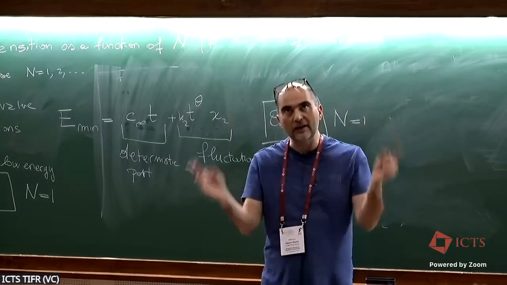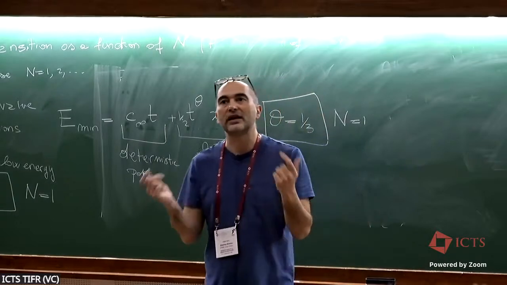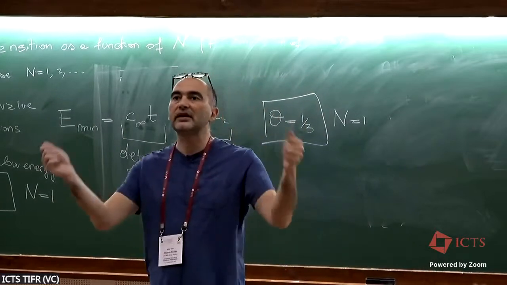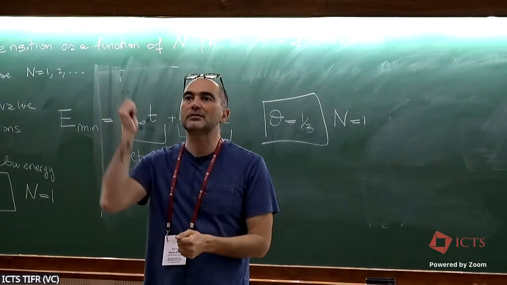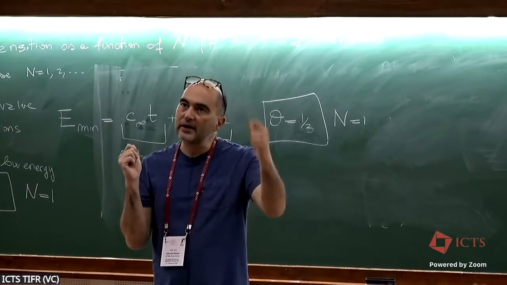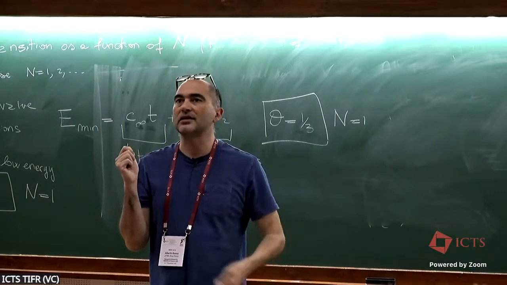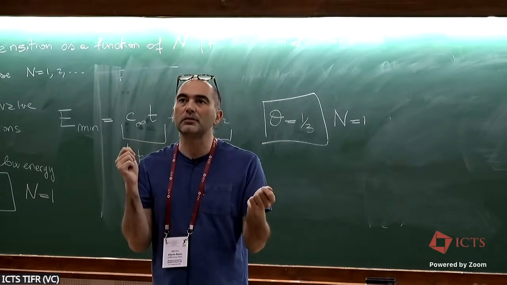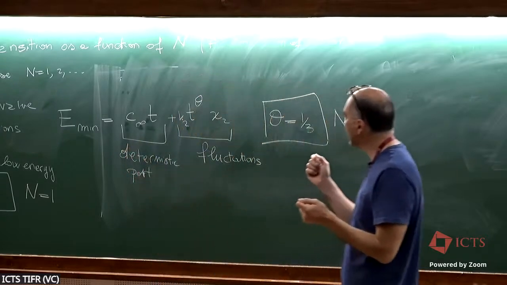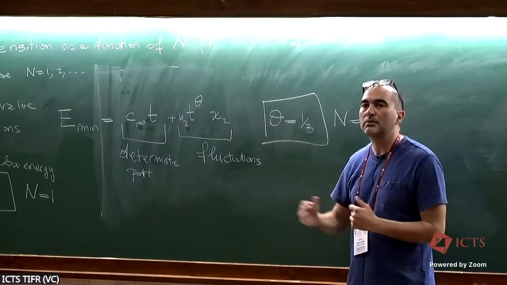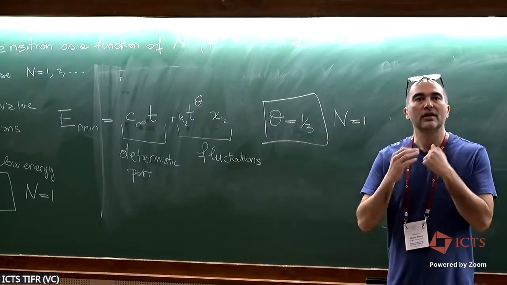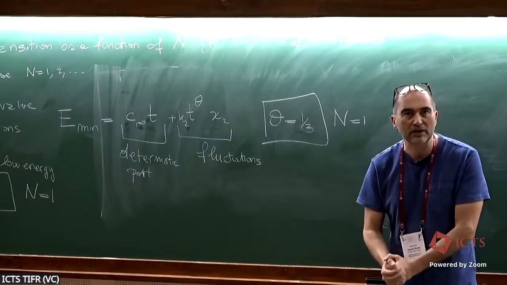So if you take a random matrix which is Gaussian and Hermitian, you compute the eigenvalues, you pick the smallest one, and then you redo this 1,000 times, you make the distribution, and you will find this is exactly the same as the distribution of the ground state energy of the directed polymer in 1+1 dimension.